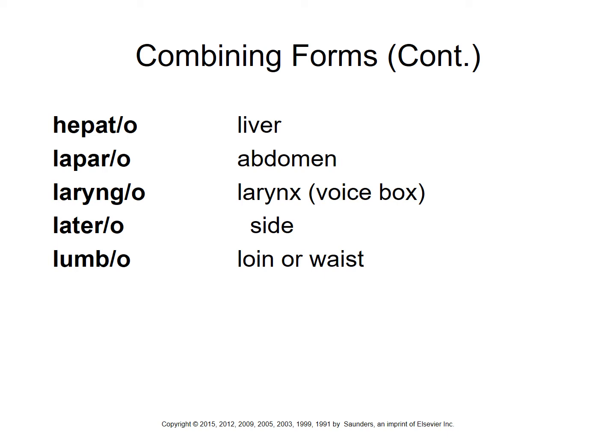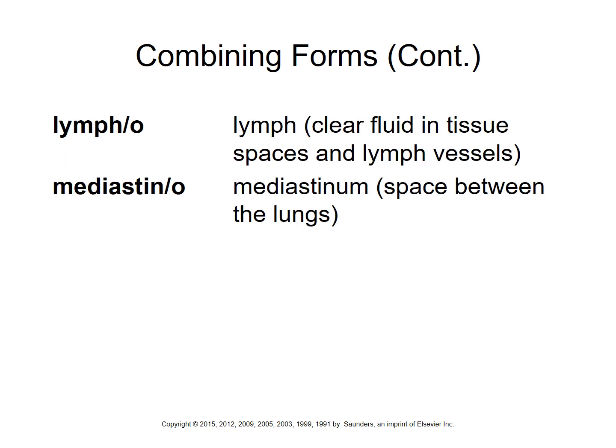So hepato, laparo, laryngo, latero, and lumbo. Lympho. Lympho refers to lymph or clear fluid in the tissue spaces and the lymph vessels. Mediastinal refers to an area called the mediastinum.